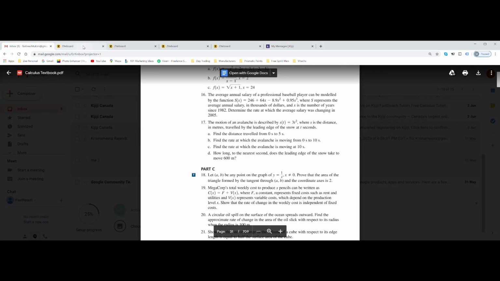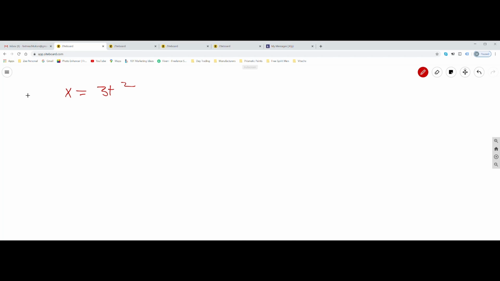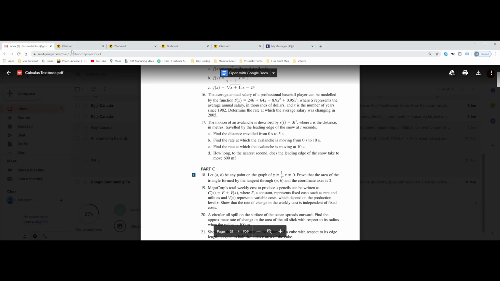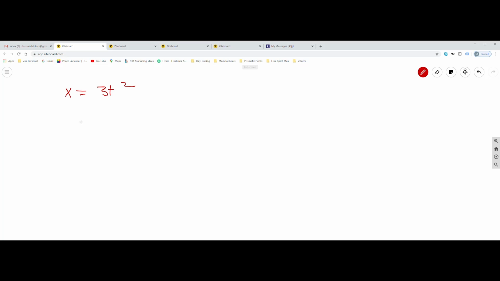Okay, so let's do this. From 0 to 5, at 0, x(0) is equal to 0. x(5) is equal to 3 times 5 squared, which is 25, so it's 75.